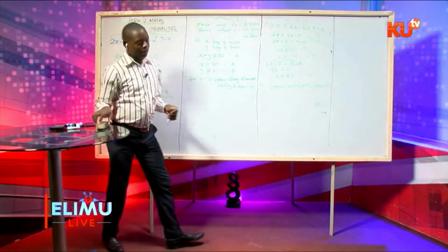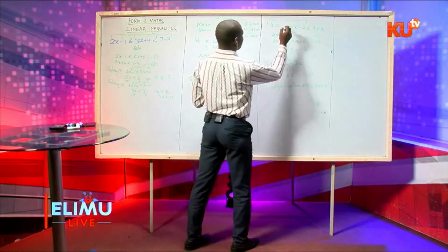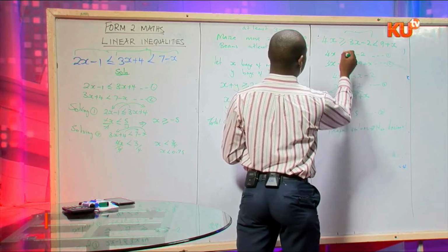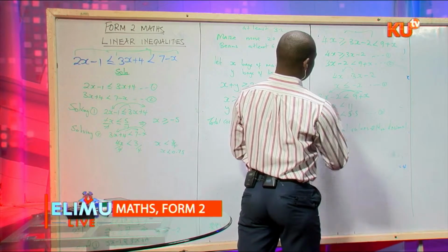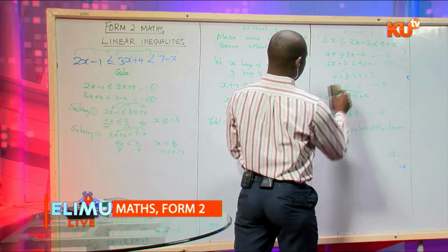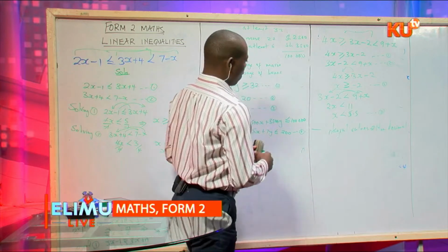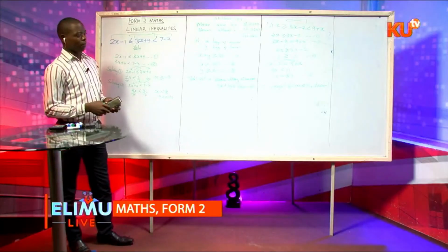This sign here is greater or equal to. This should be greater than or equal to, sorry for that. So x is greater than or equal to negative 2. And then the other one, x is less than 5.5.